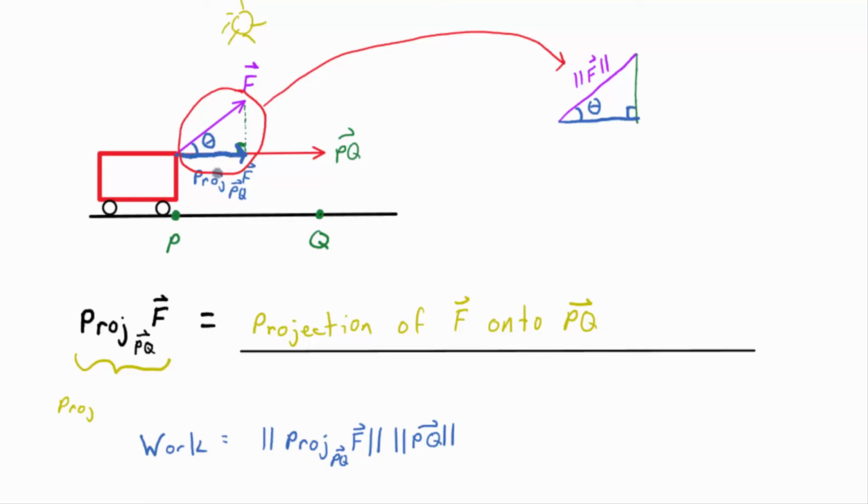So, is there a trig formula for getting the length of the adjacent side if you know the angle and the length of the hypotenuse? Goes back to SOHCAHTOA, if you know what that acronym stands for. Cosine equals adjacent over hypotenuse, but you've got to solve for adjacent.